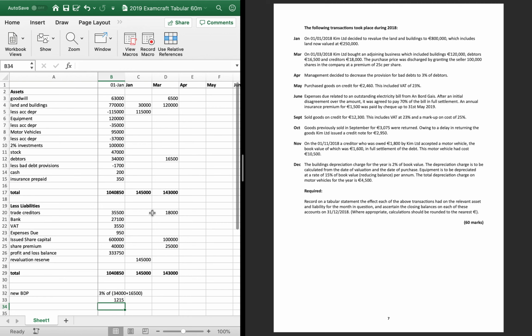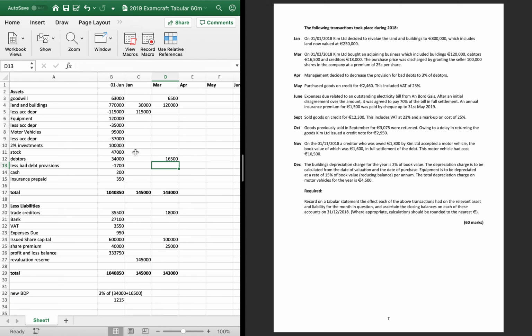So the new bad debt provision is 1 to, so it must have been 2% rather than 3%. It is 3% of debtors. So the new bad debt provision is 1215. The old bad debt provision was 1700. So the difference between the two of those is minus 3.